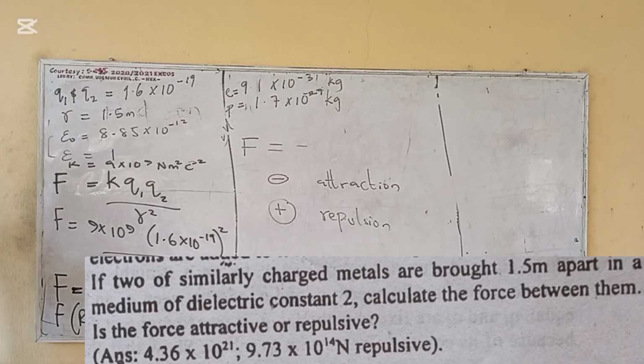Read what you have here. It's the same question. Here it says just dielectric constant; they did not give us 2 here. But in the one you're solving, the practical one, they gave 2 there.